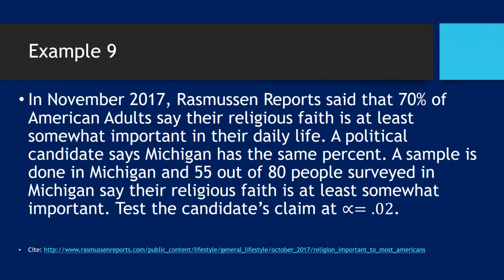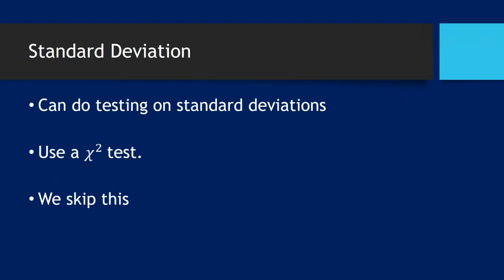Now, the last thing I want to mention is that now we've done hypothesis testing officially on averages and proportions. You can also do hypothesis testing on standard deviations and variances. We're not going to do that in this class. We're going to skip over that.